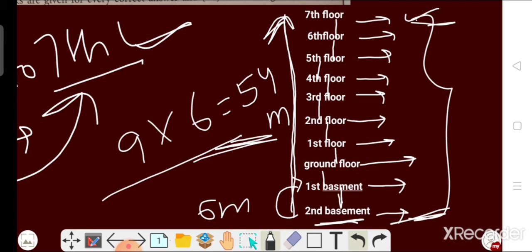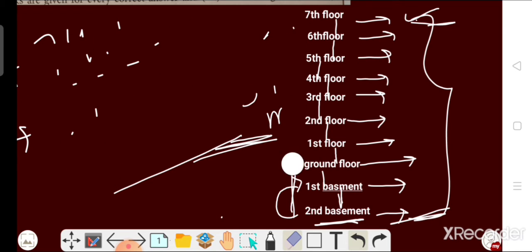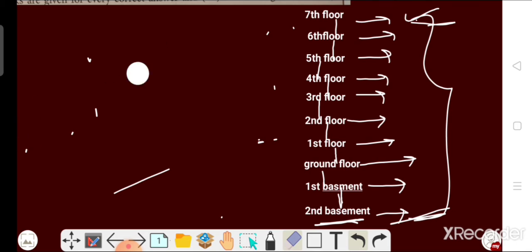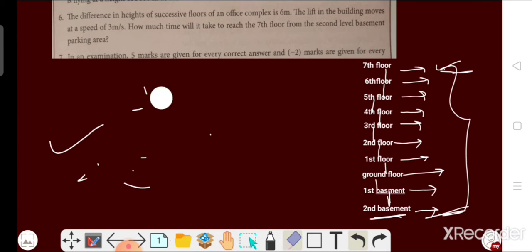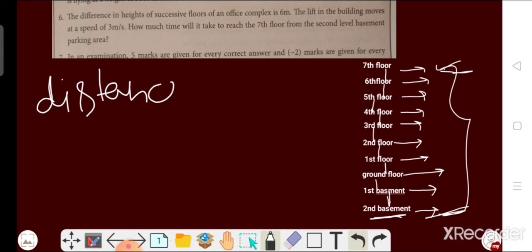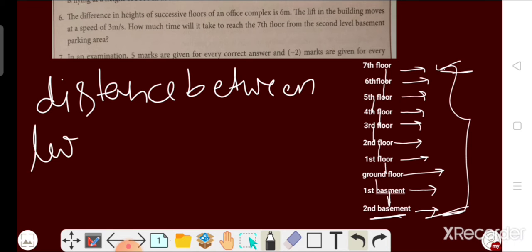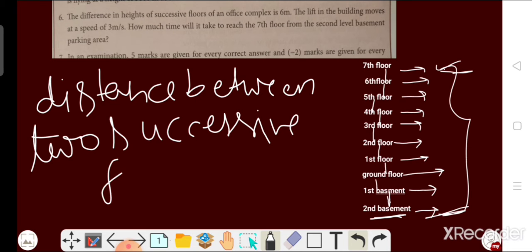Okay, now we know the speed. Now we will solve the question for time. Now look here beta. It is given that the distance between two successive floors is 6 meter.